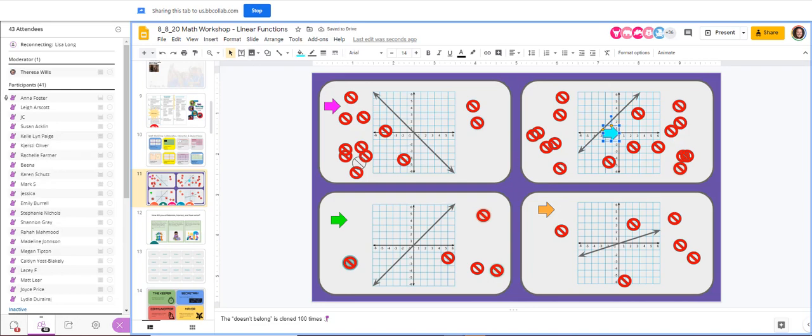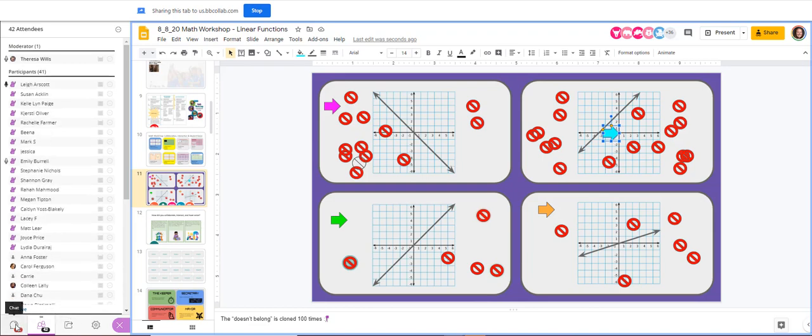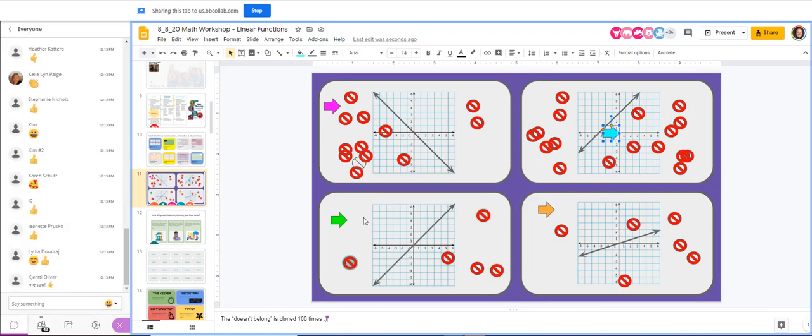Wonderful. Lee, can you tell us what you were thinking? What color arrow you were thinking doesn't belong? Hi, I was looking at the first pink arrow quadrant and I chose that because it's the only one with a negative slope.